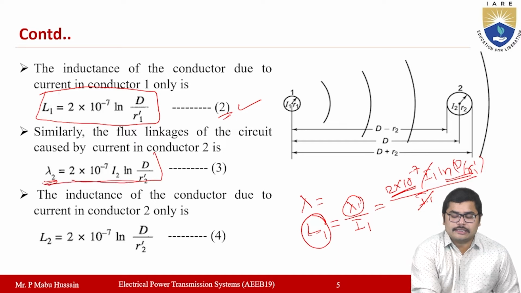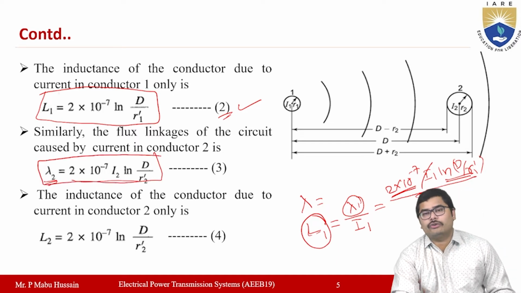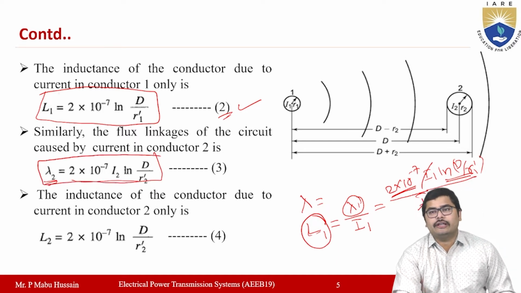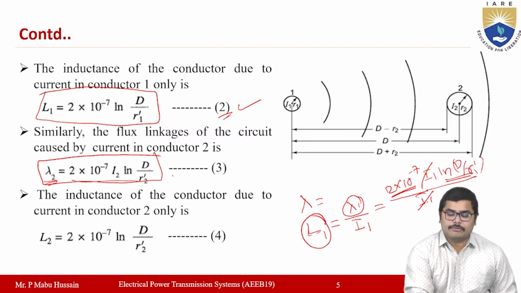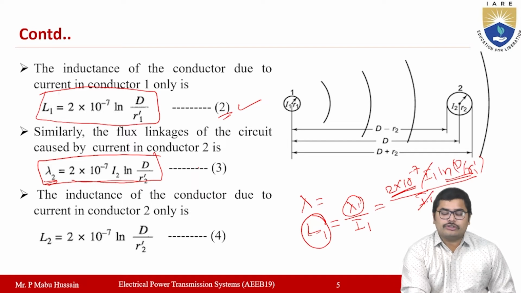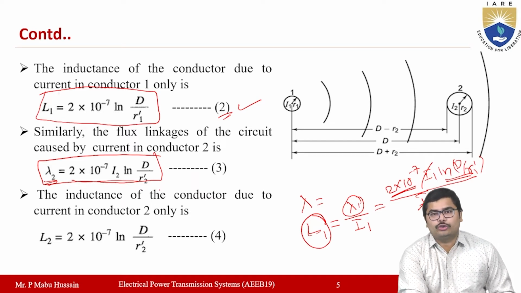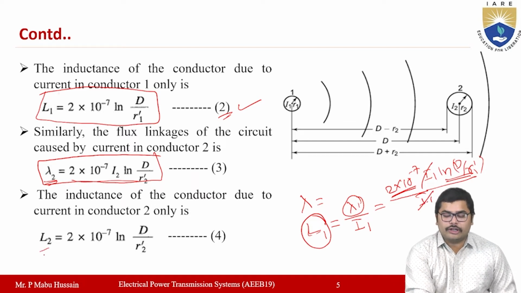While deriving this equation, you take the same assumptions as when calculating the flux linkages of conductor 1, so you get a similar equation. Once you know the flux linkages of conductor 2, you can find its inductance also.